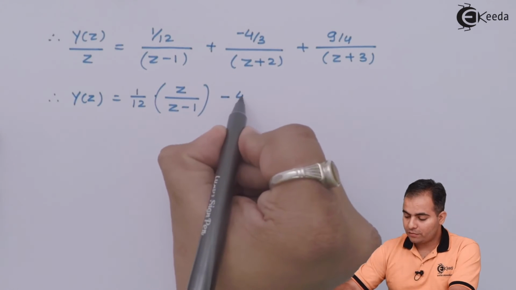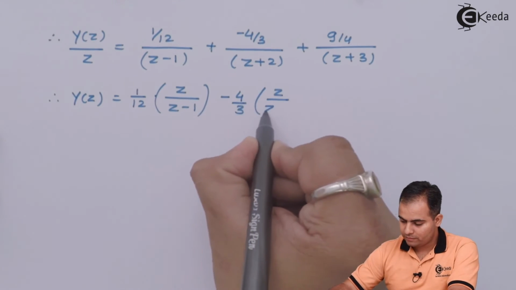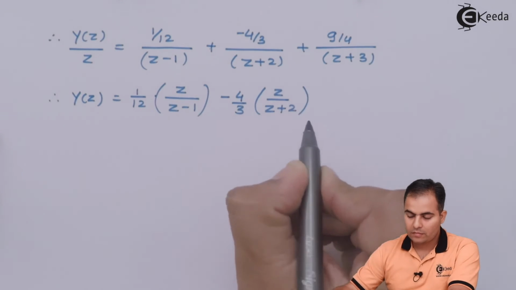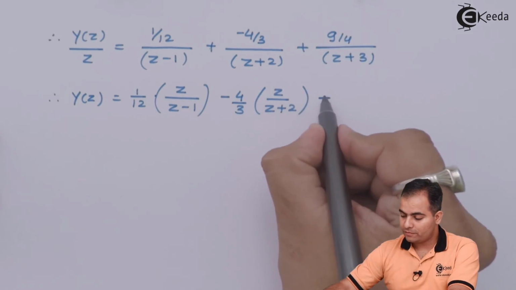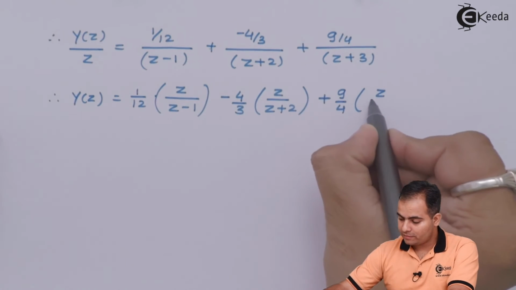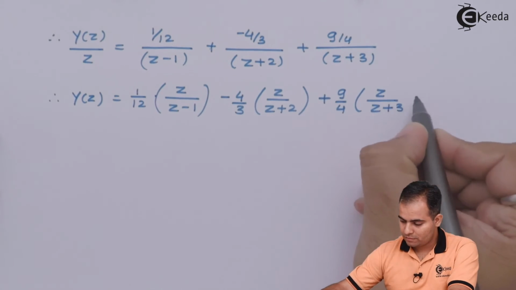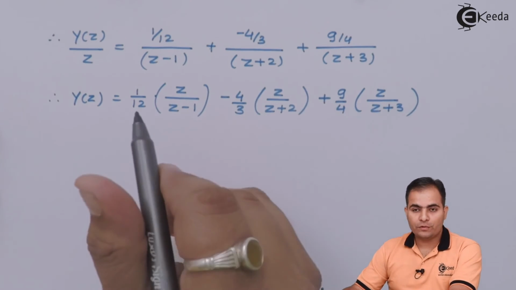So I can write minus 4 by 3 first and then z upon z plus 2. Similarly, I'll take 9 by 4 constant and then I'm going to write z upon z plus 3. Now I can apply inverse z transform on both the sides.